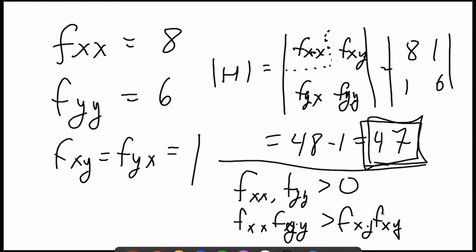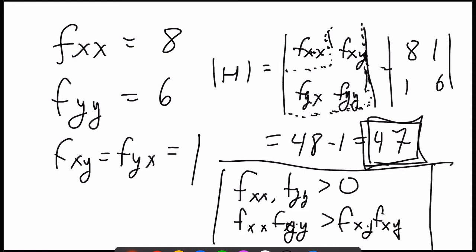But we can do it by saying in this Hessian, we have these two principal minors, and we have the determinants of both of those minors. The first minor is just fxx, and the determinant of that is fxx, and then the second one. So they are both positive.